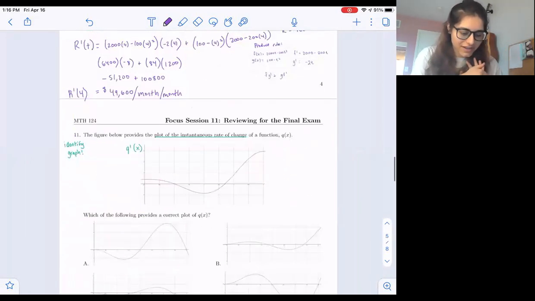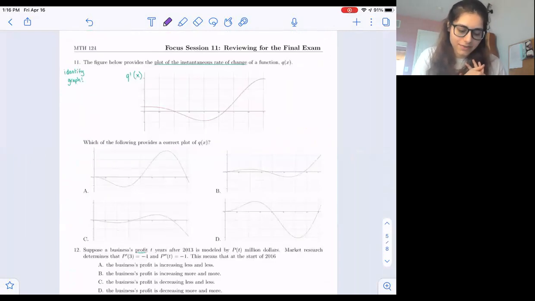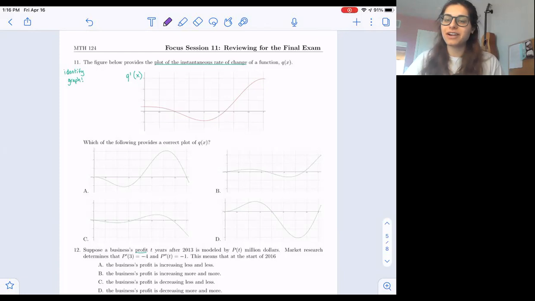The figure provides the plot of the instantaneous rate of change of a function q of x. Identify the graph, right? That's the first step. The original graph they're giving us is the graph of the first derivative. How do I know that? It's saying the instantaneous rate of change, the IROC. Our IROC is our first derivative.